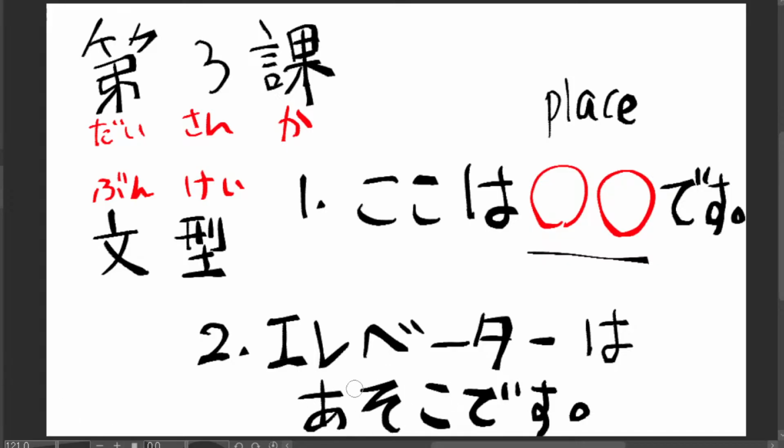Asoko means over there, somewhere far from you and the one you're talking to. So this is the two sentence structures that we're doing today.